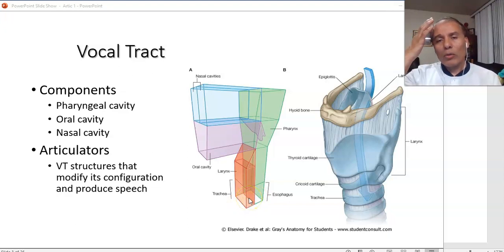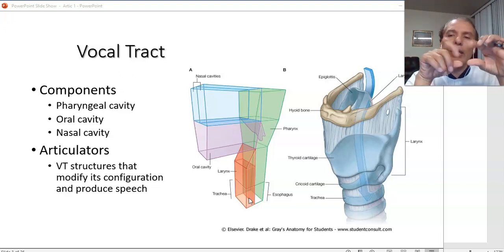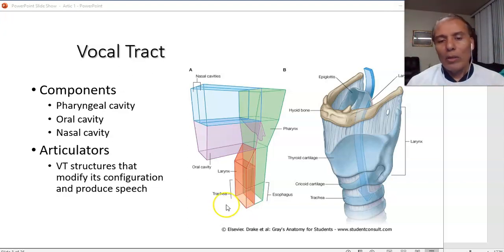According to the laws of physics, a tube that is closed on one end, when you put a tone into it, that tone is going to have only 1/4 of the wave fitting in. The first wave will be the greatest wave. So only 1/4 of that wave will fit in from the vocal folds to the mouth, to the lips.